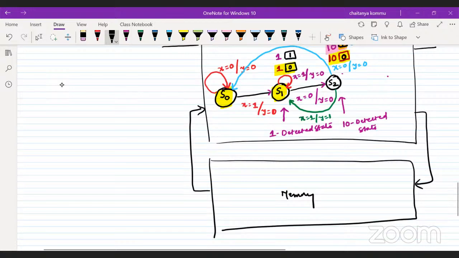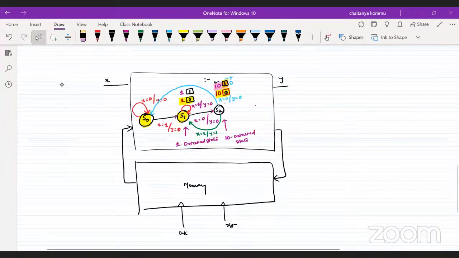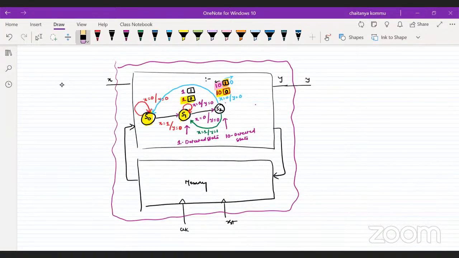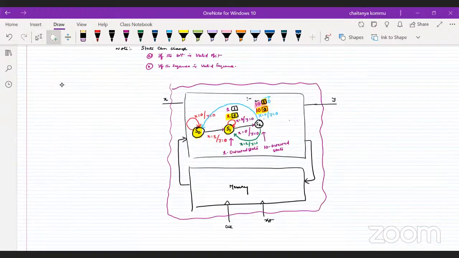All together, it's a simple sequential circuit. We write the VLSI program for this one. In the previous class, we have already seen how to write this. Shall we write quickly? The question is, how many flip-flops are required to realize the memory? Anyone from the class?